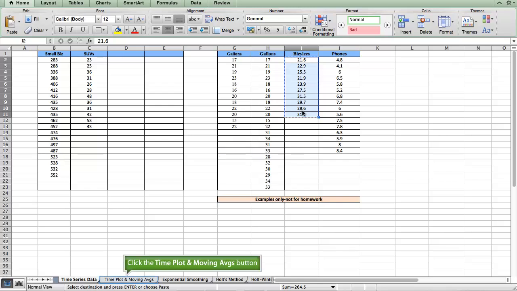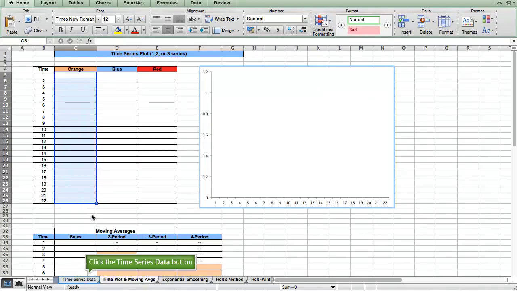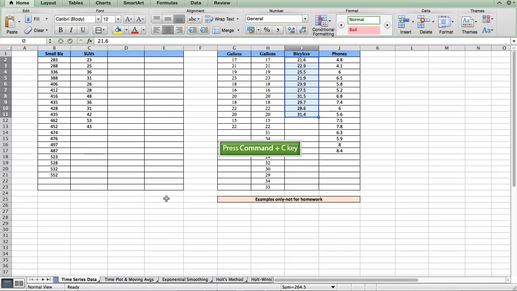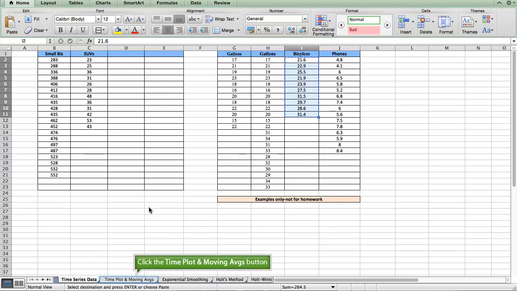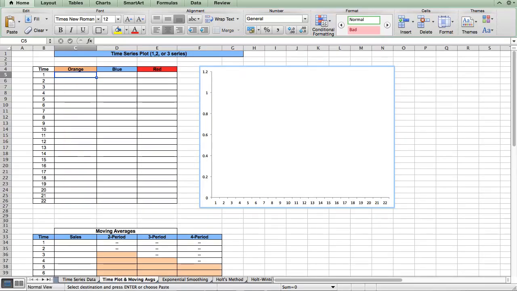To look at a linear or an upward trend, let's clear these data and look at the time series bicycle sales.